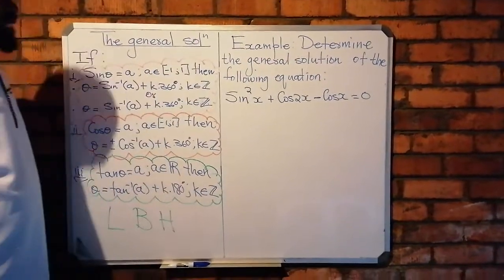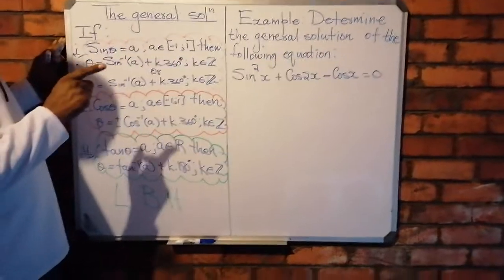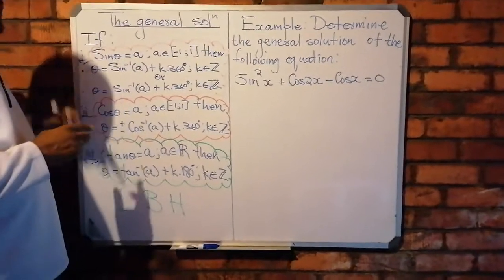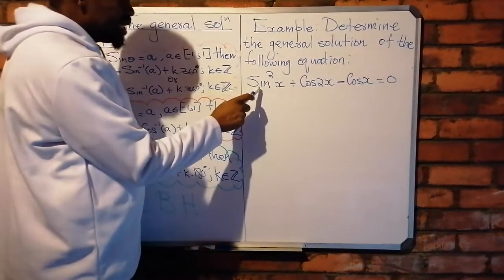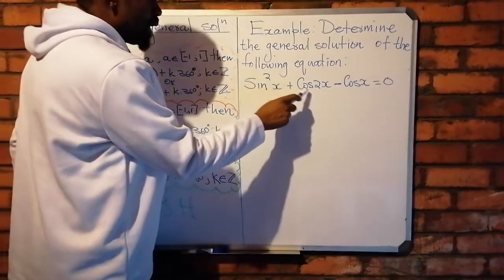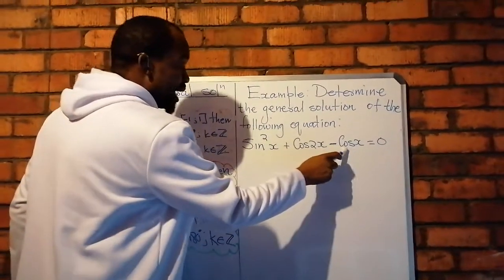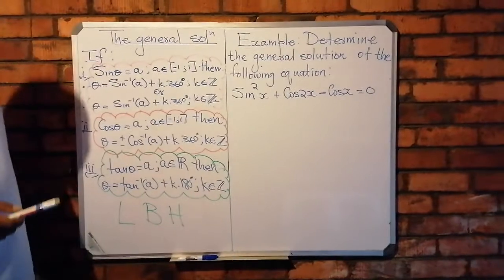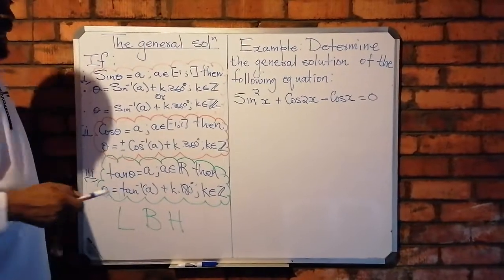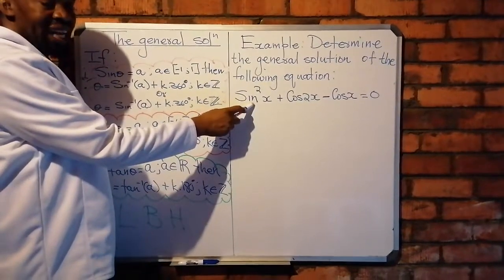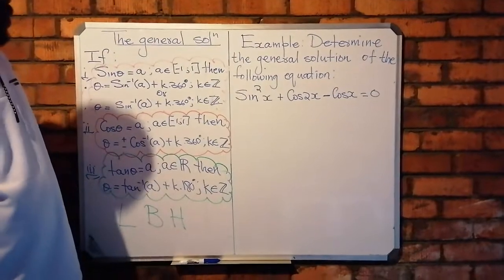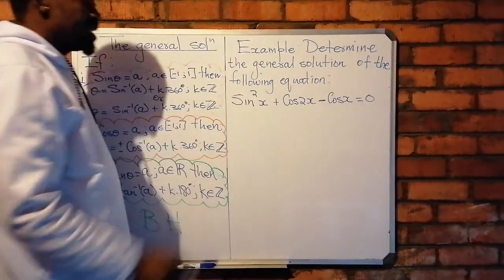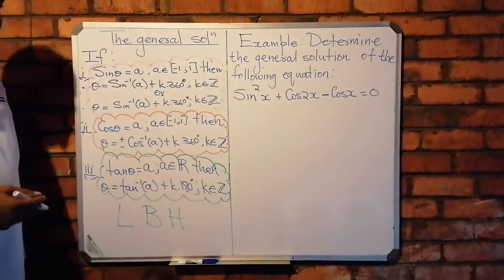The example says, determine the general solution of the following equation. The equation is sine squared x plus cos 2x minus cos x. Remember now, in grade 11, you did square identities. In grade 12, you did double angle identities.